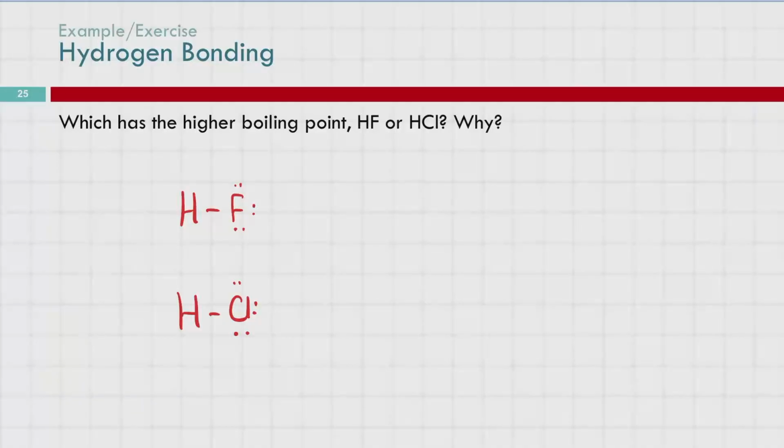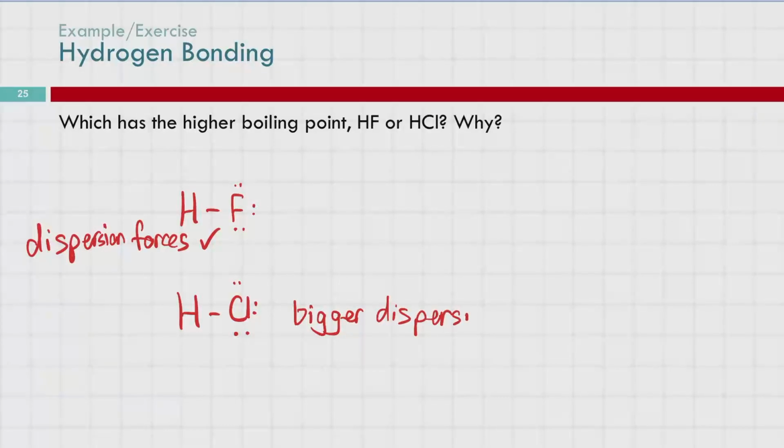They both have dispersion forces. Which one's going to have stronger dispersion forces? How do we compare dispersion forces? Molar mass. So we're looking for bigger molar mass. Which is going to have the bigger molar mass, HF or HCl? HCl. So HCl has bigger dispersion forces. Probably.